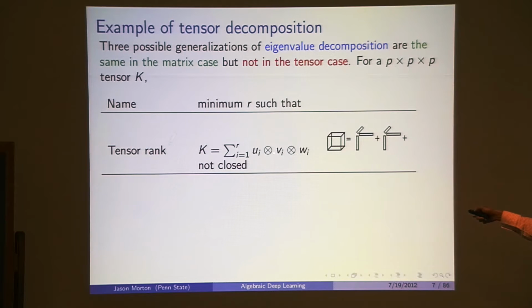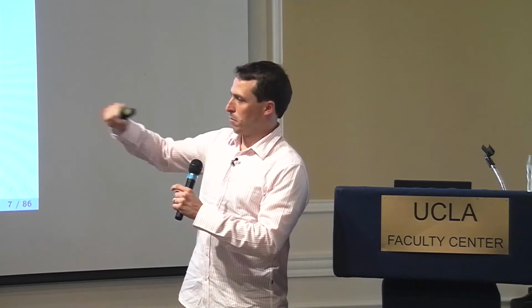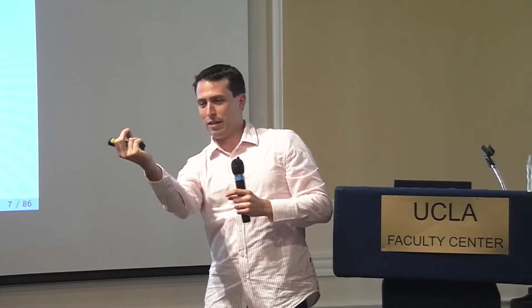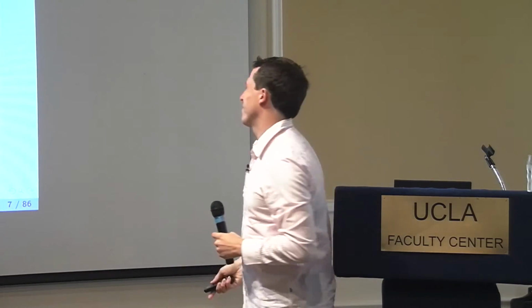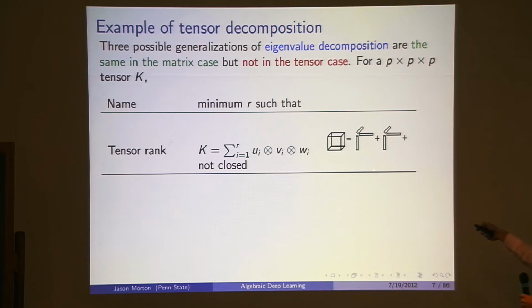These are vectors u_i tensor v_i tensor w_i. So that means if I have a 3-way table, I just multiply these 3 vectors entry-wise, and each entry is the product of the row, the column, and the supercolumn. Okay? I write it as a sum of such things.